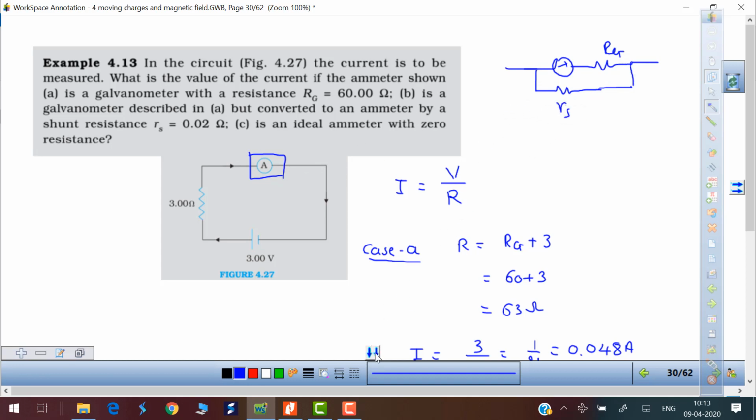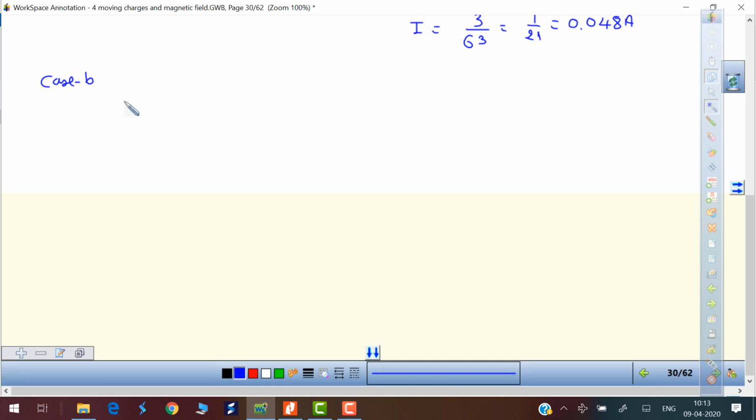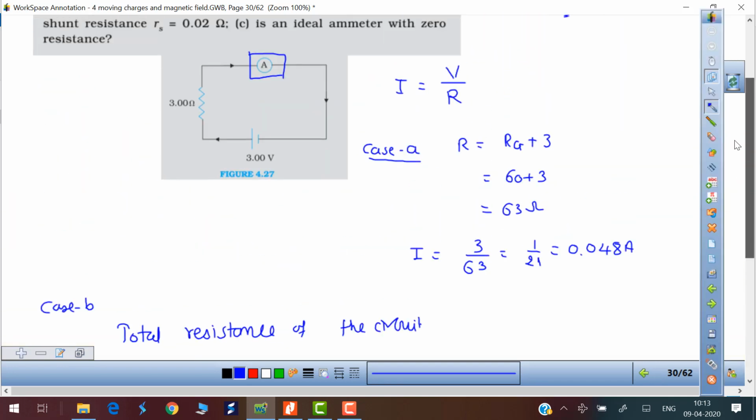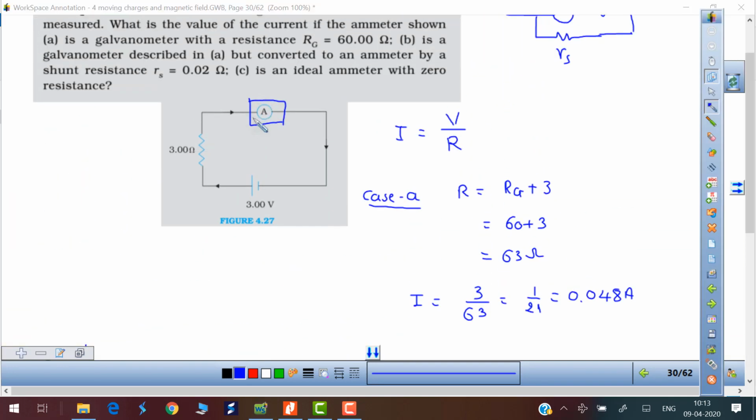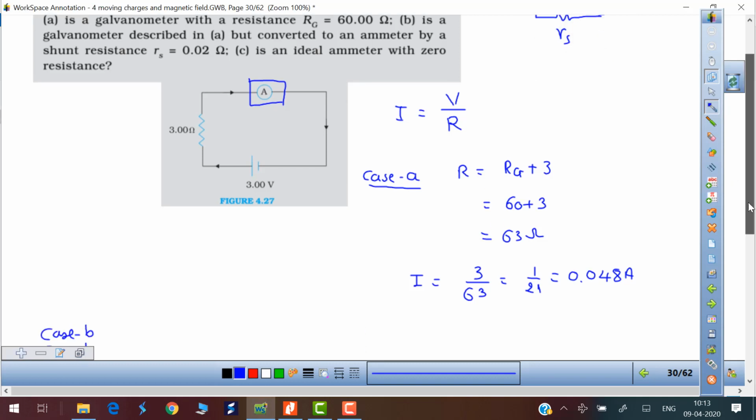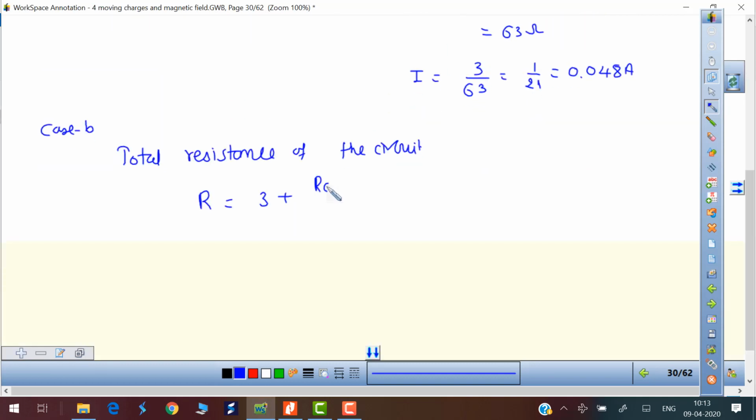So what is the resultant resistance? So total resistance of the circuit, I say R is equal to what? R, that is given 3 ohm, plus this both are connected. So Rg Rs upon Rg plus Rs.